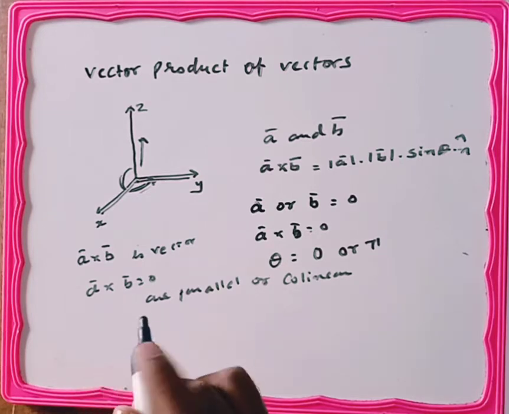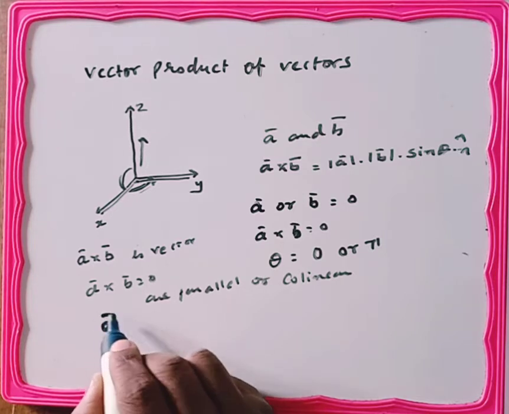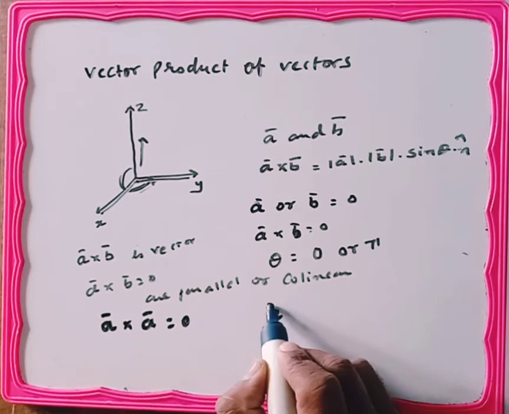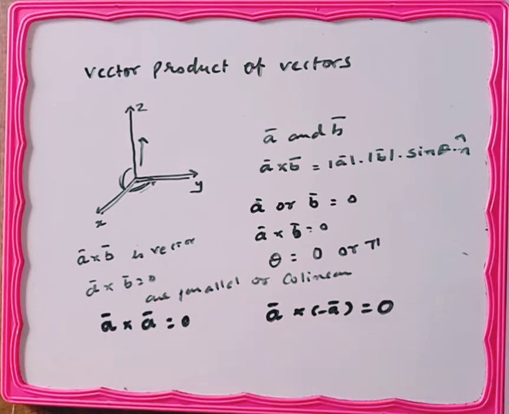So we know that a vector is collinear with itself, or in the opposite direction of itself. So a bar cross a bar will be 0, and if we take the opposite vector, a bar cross minus a bar will also be 0 by this concept.